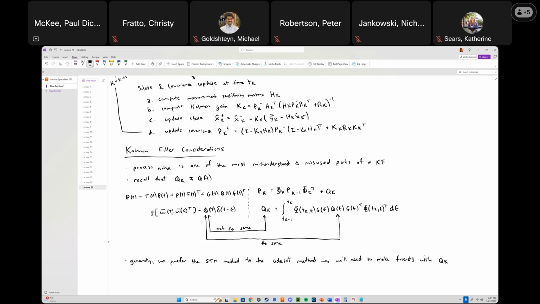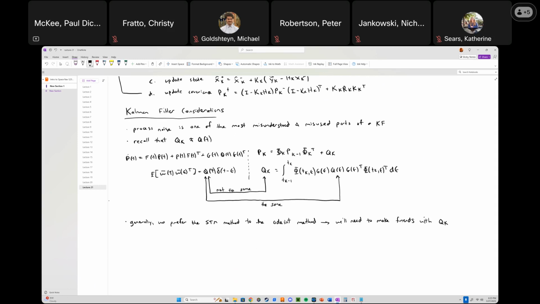Okay, let's do an example. KF example: tracking position and velocity.